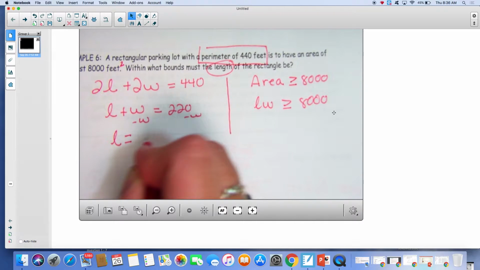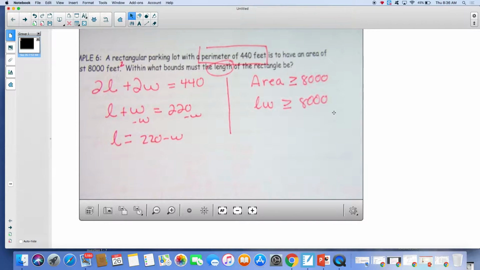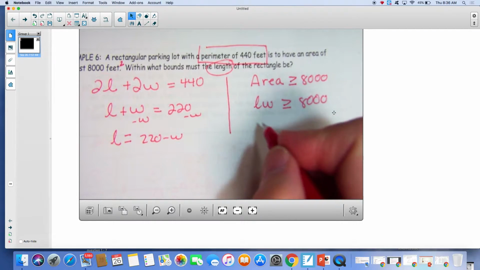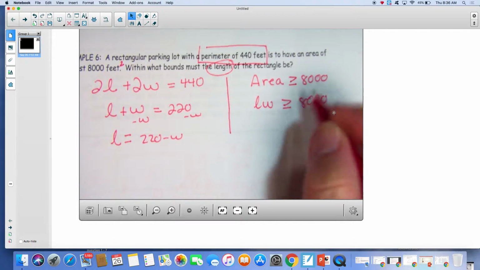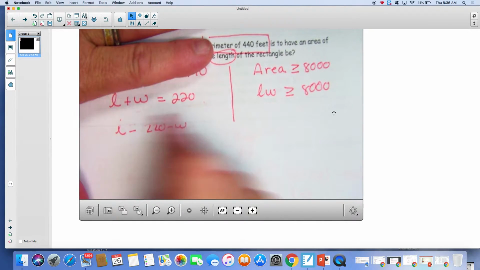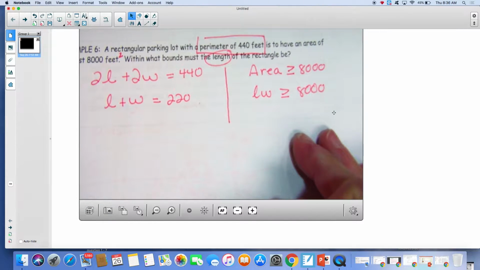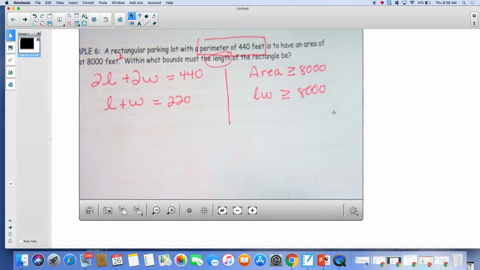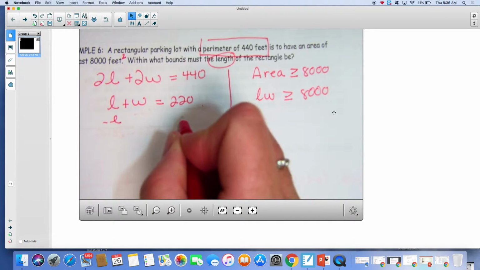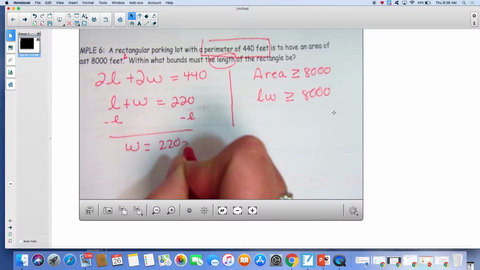Subtract W. 220 minus W. Oh, we need width. We need to solve for width, sorry. Easy enough. I want to write it in terms of length, so we need to subtract L. So the width will equal 220 minus L.